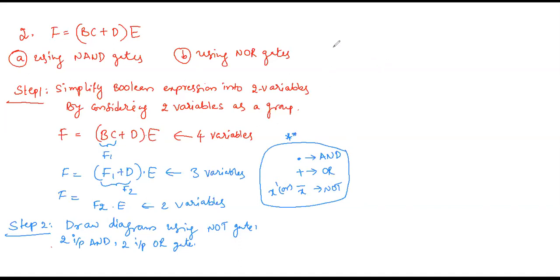Now draw the diagram. F is equal to F2 into E. What is F2? F1 plus D. Plus means OR.